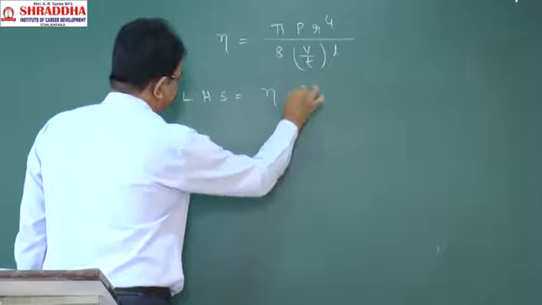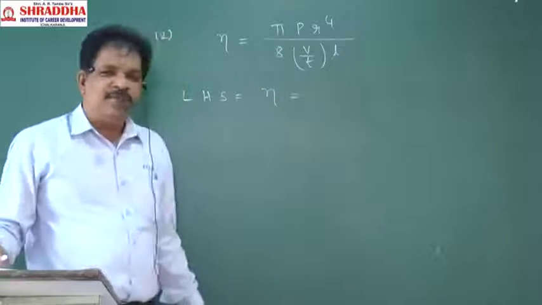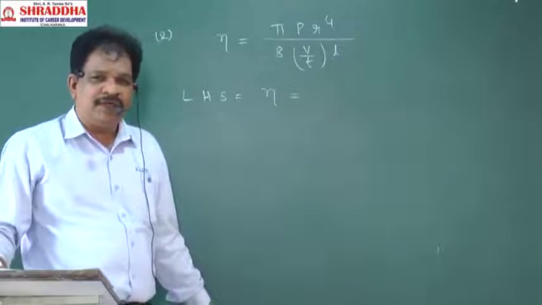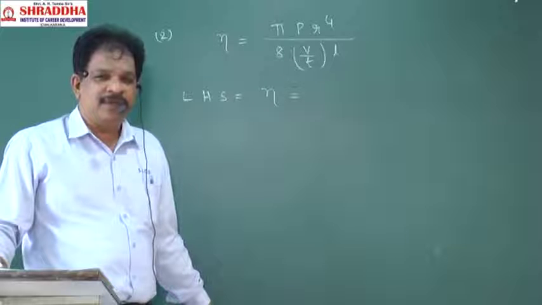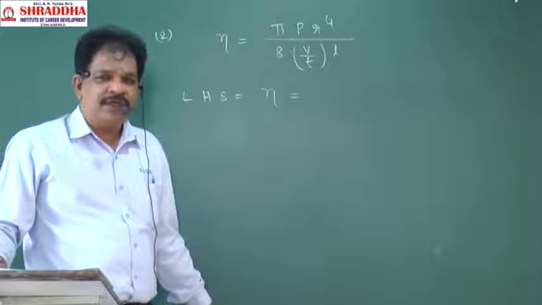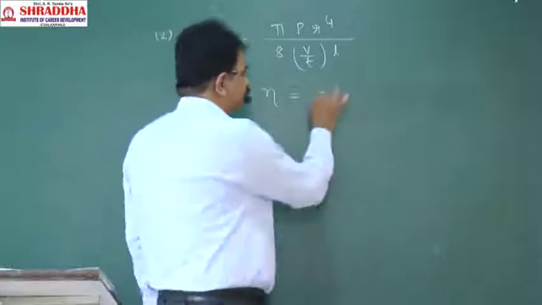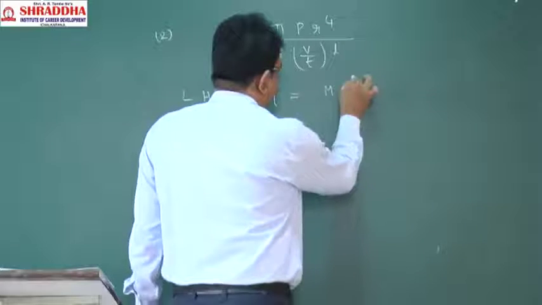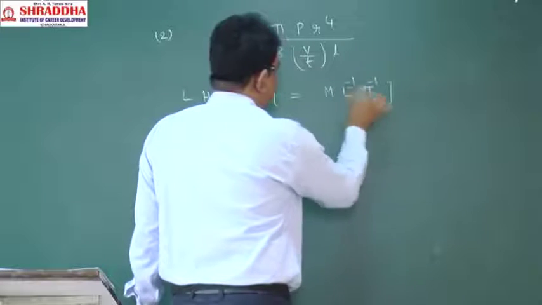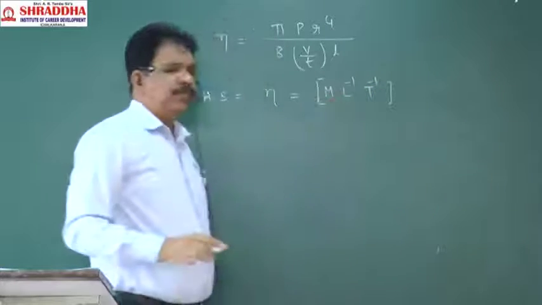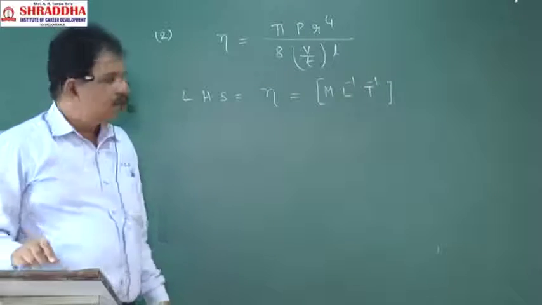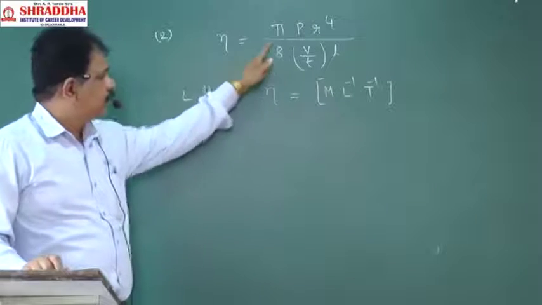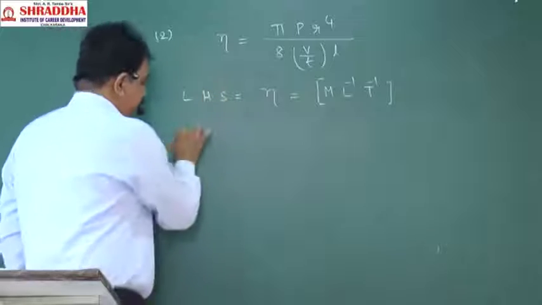Left hand side, what is there? Eta. Eta, the coefficient of viscosity, its dimensional formula you already know: M L power minus 1 T power minus 2. That is the dimensional formula of coefficient of viscosity. Right hand side, what is there?